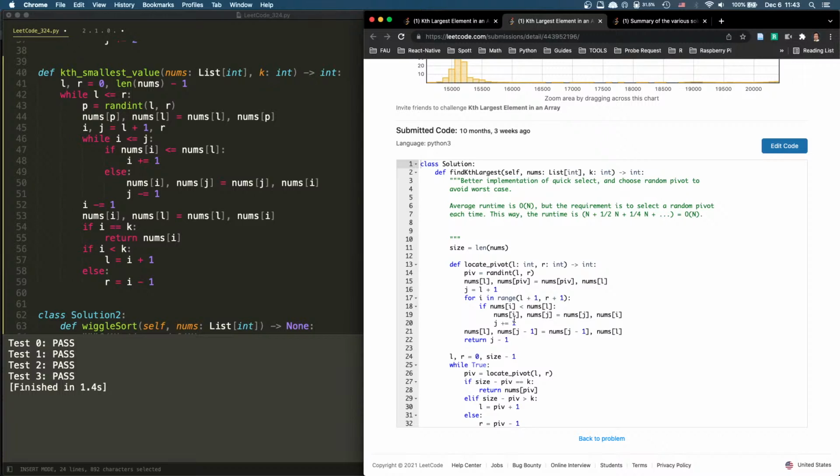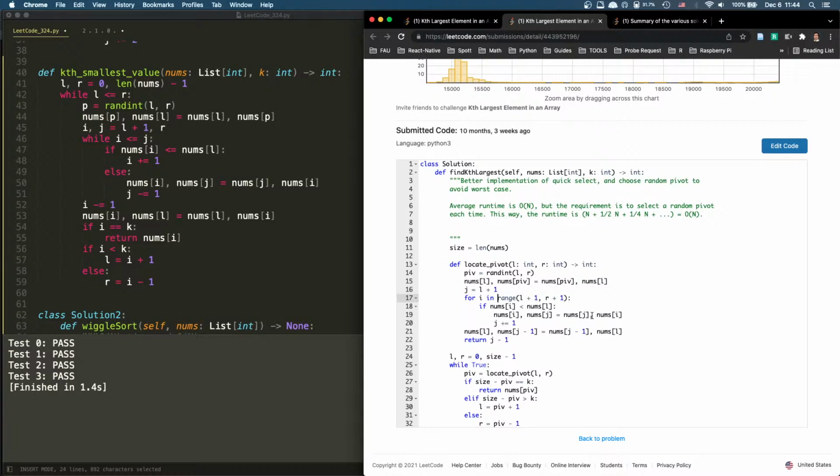Oh, I moves here. I always move forward every single time. Hold on. If this is smaller than, we will swap, and then we'll swap with J. Oh, that's the kth largest, that's why.